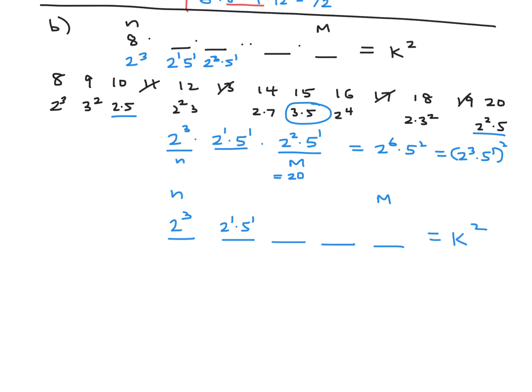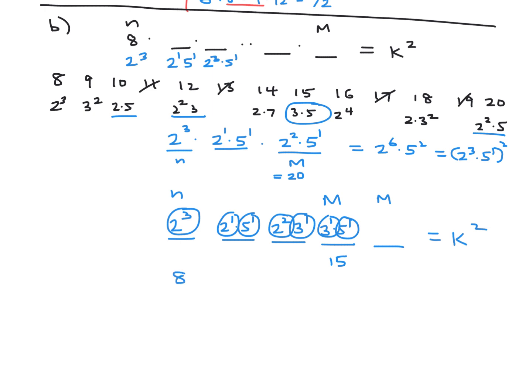Because these two now become 2 to the power of 4, which is a perfect square. And then the 2 5s combine to make 5 to the power of 2, which is a perfect square. If I can get another 3 in here, I think that would do it, because these two 3s would combine, and this is a perfect square. So there we go. So that means my m, which is this, is 15.